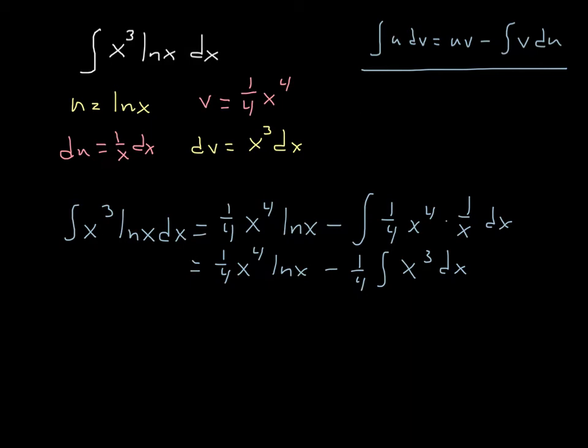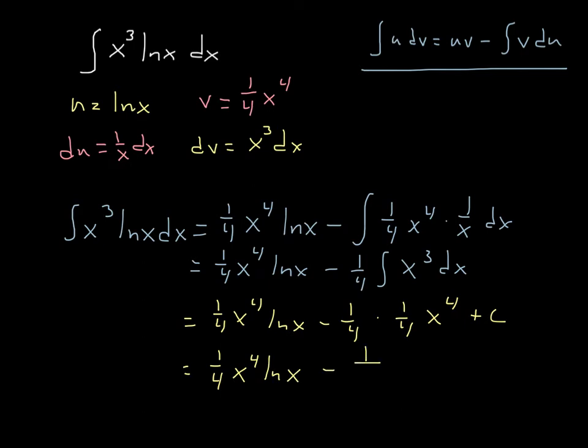So this problem becomes 1/4 x to the 4th ln x minus 1/4 times 1/4 x to the 4th plus c, or 1/4 x to the 4th ln x minus 1 over 16 x to the 4th plus c.